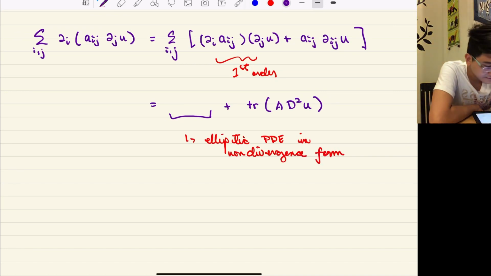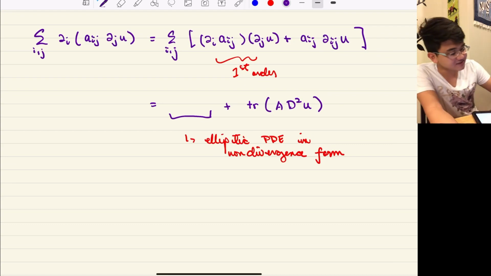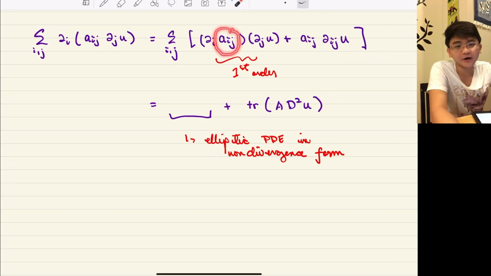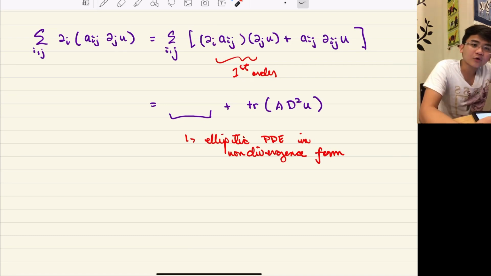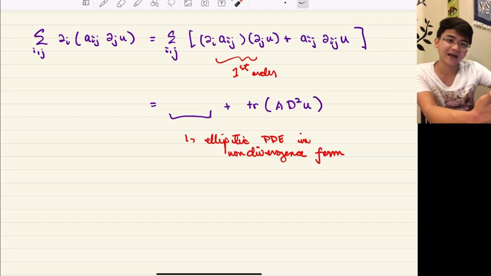Now, this is very important because if you have a PDE in non-divergence form, in theory, you can write it in divergence form, provided that the a_ij's are differentiable. So you can just do some calculus in order to write it in divergence form. However, that is not always the case, and in most instances you only have weak conditions on the a_ij's.